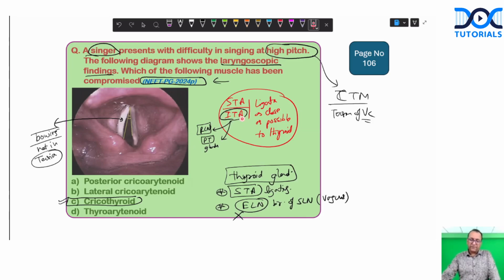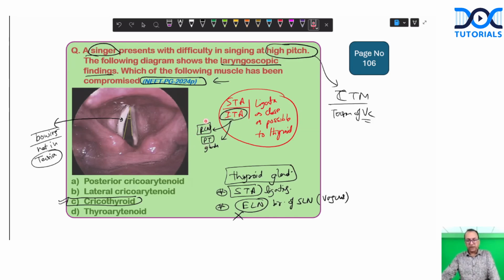So the inferior thyroid artery, of course, supplies the thyroid gland, but before it supplies the thyroid gland, it also supplies the recurrent laryngeal nerve and the parathyroid gland. You have to let the inferior thyroid artery give branches to the recurrent laryngeal nerve and the parathyroid gland, and when it is going to supply the thyroid gland, that is the time when you have to ligate it. Means as close as possible to the thyroid, because if you ligate it away from the thyroid, then you will put these structures into ischemia.